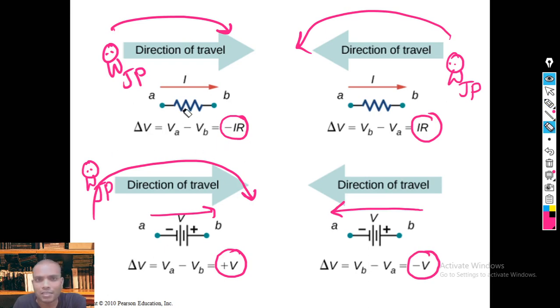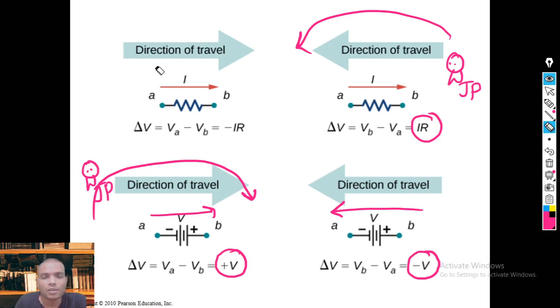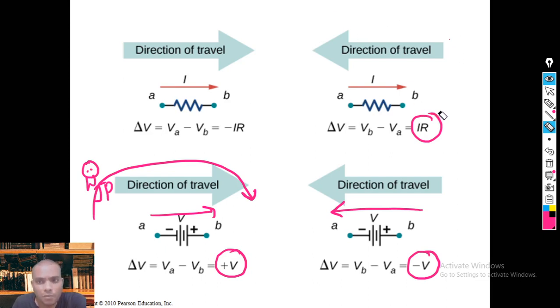Again, look carefully. When I am crossing a resistance in the loop, if my direction and current direction are both the same, the product of current and resistance is taken as negative. Similarly, if my direction and current direction at a given resistance are opposite, we take the product of current and resistance as positive.